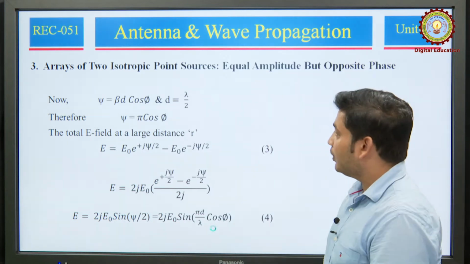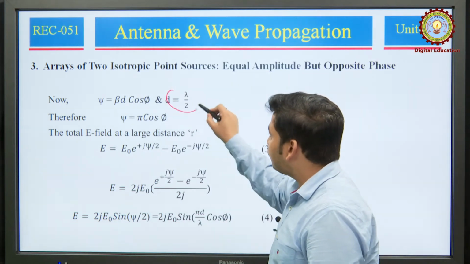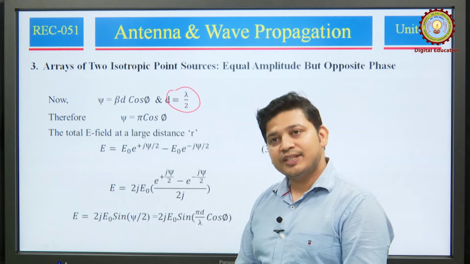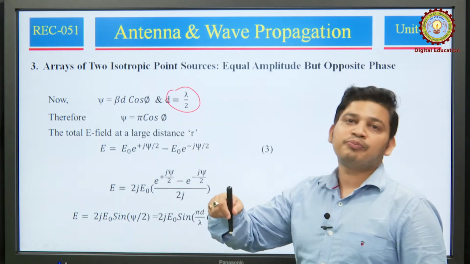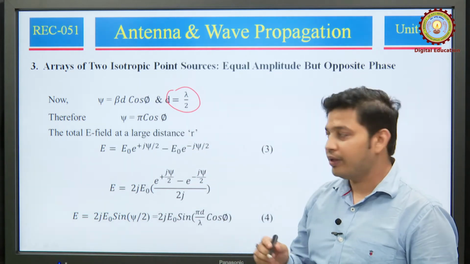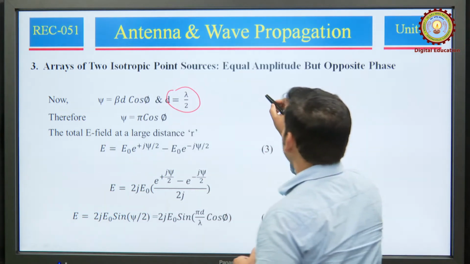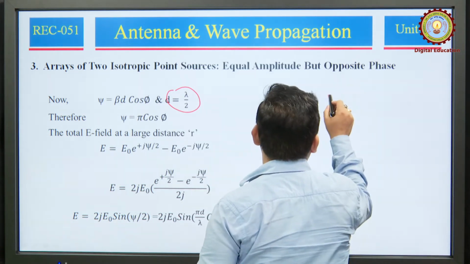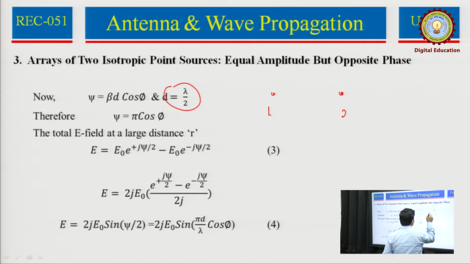Now, we consider d is of the order of lambda by 2, as we discussed earlier. As soon as we put d equal to lambda by 2, the spacing between two sources, source 1 and source number 2, is separated by d, which we are considering as lambda by 2.